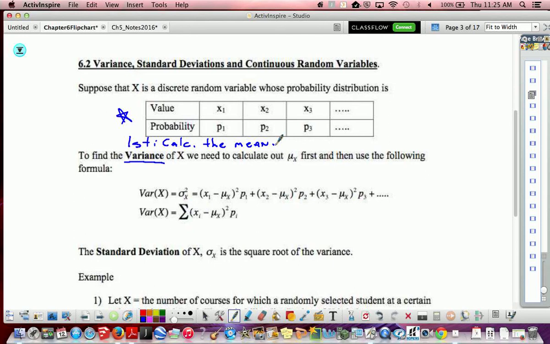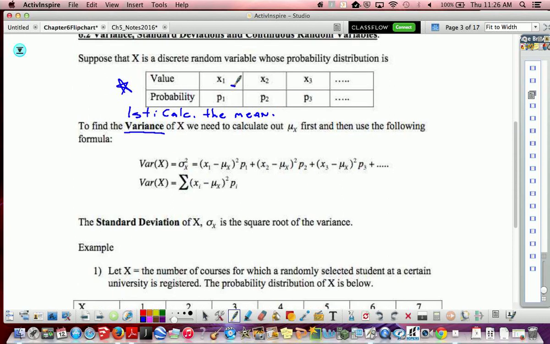So you're going to take each of your outcomes in your probability distribution function, this x1, x2, x3, it might be 0, 1, 2, 3, or 10, 20, 30, 40, whatever the numbers are, and you're going to subtract the mean from it.